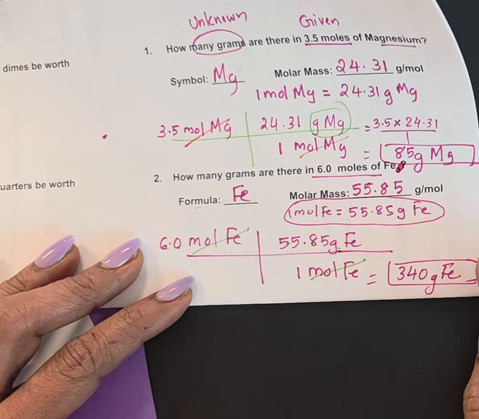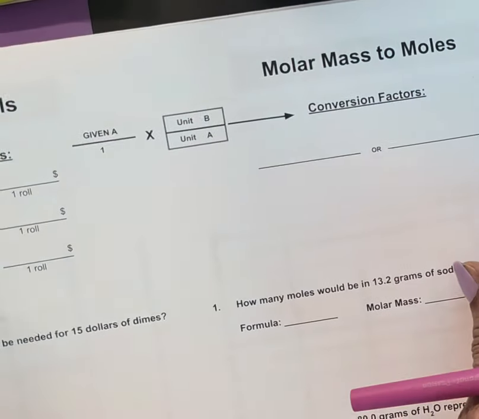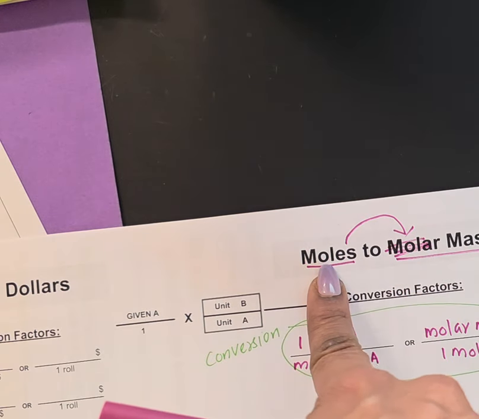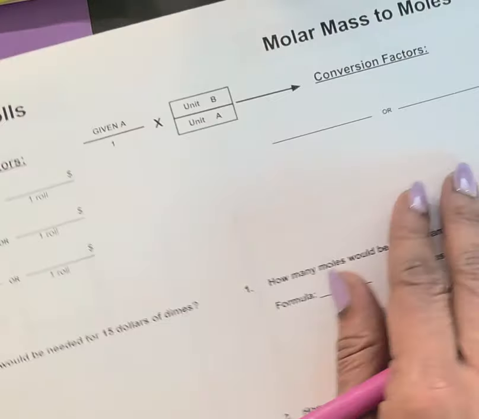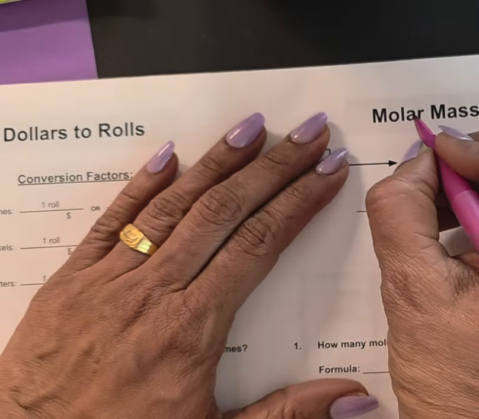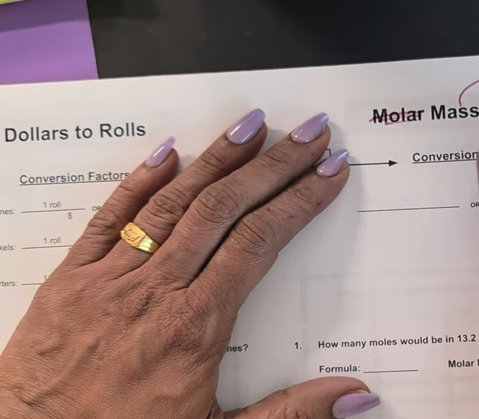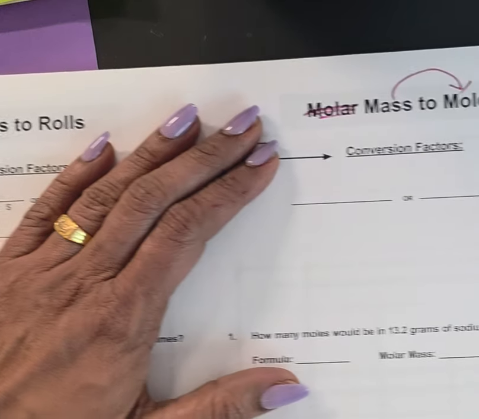Okay, good? Now I'm going to teach you the backward method. In the previous question I gave you moles, and you found the mass. The other one is the opposite. You have mass given and you are converting mass to what? Moles.